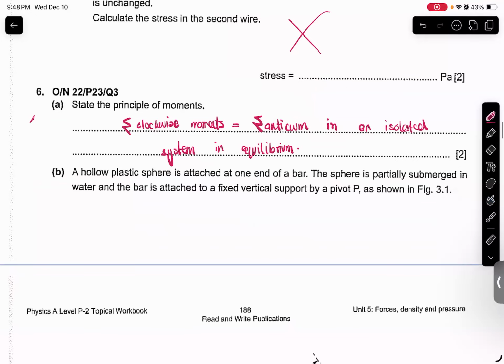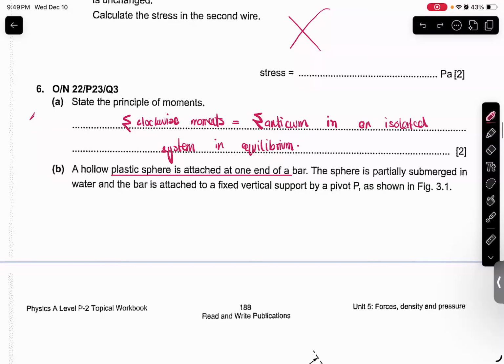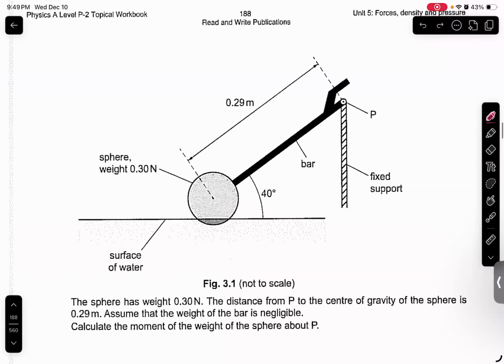A hollow plastic sphere is attached at one end of a bar. The sphere is partially submerged in the water and the bar is attached to a fixed vertical support. So basically, this is a fixed vertical support and this is the pivot. So this ball is connected to this bar, and this can either go up or go down, right?